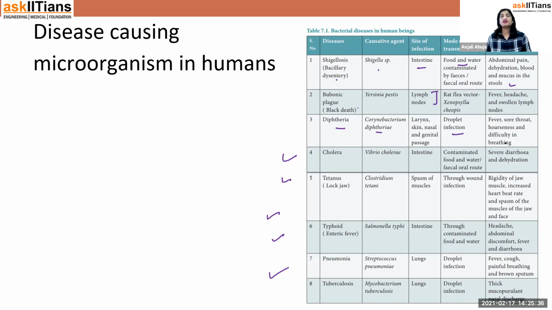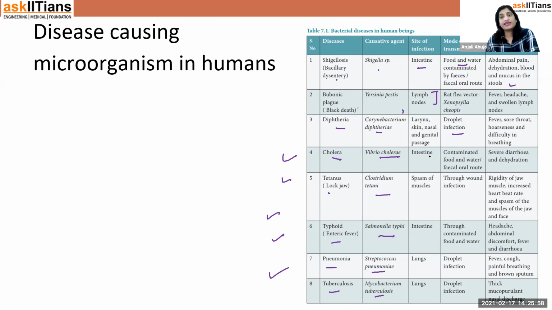All the points are written in front of you, and you might be getting bored while I'm just reading it. So my point is to just remember cholera, Vibrio cholerae; tetanus, Clostridium tetani; typhoid, Salmonella typhi; pneumonia, Streptococcus pneumoniae; tuberculosis, Mycobacterium. Only this much information is enough for now.